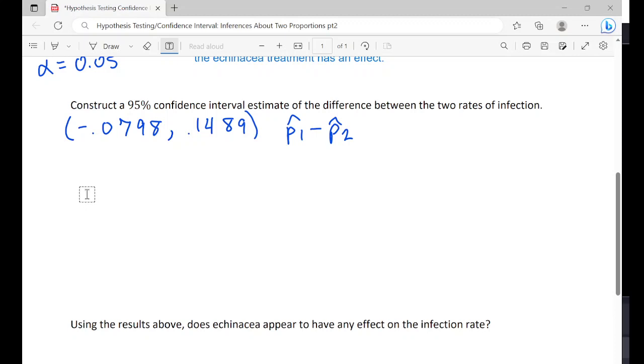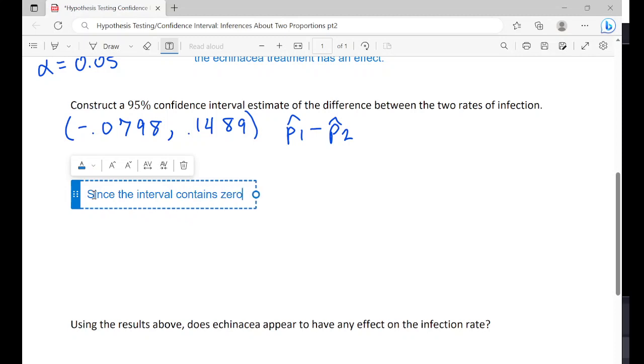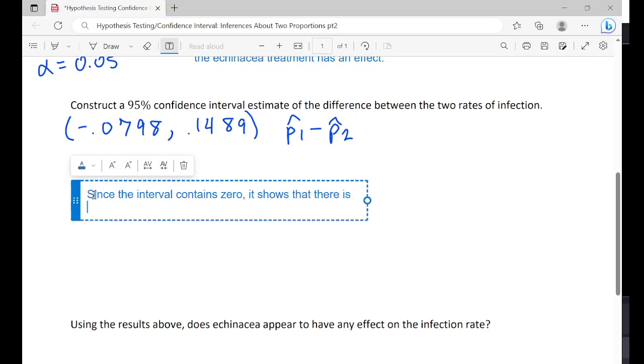So we can say that since the interval contains 0, it shows that there is no difference in the treatment's effectiveness.